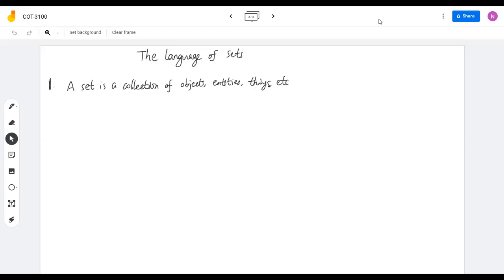Okay, I think the best way to illustrate this concept is by giving examples. For example, I'm using S1 to denote the set of students registered in this course.